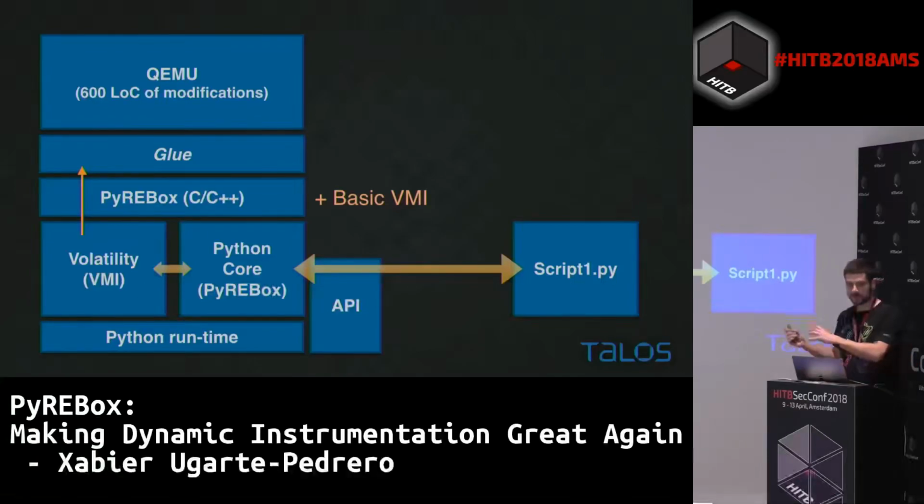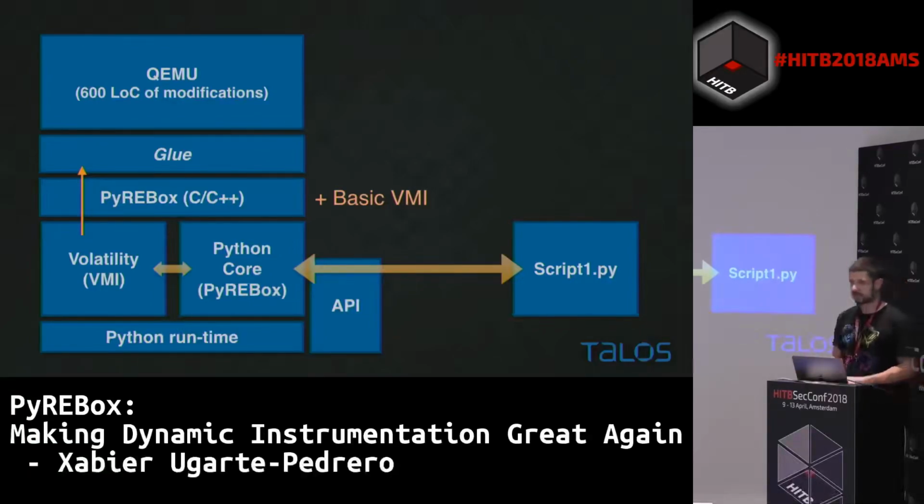That is used from the Python core, and we expose the QEMU memory to Volatility. Volatility is a memory forensics framework, but in this case, it allows us to inspect all the operating system structures, like processes running on the system, which libraries the process loads in memory, which handles it holds, and what objects these handles refer to, like whether a handle refers to a process or a file.